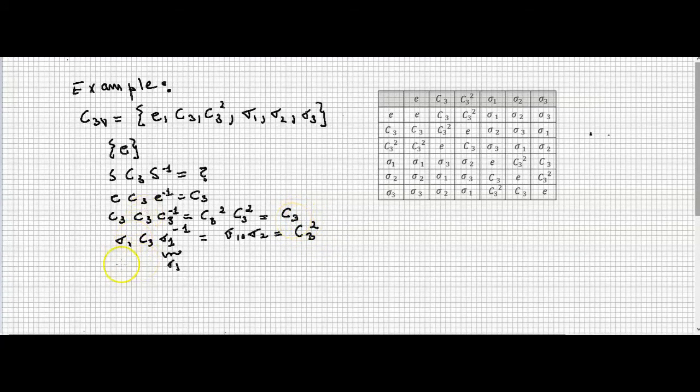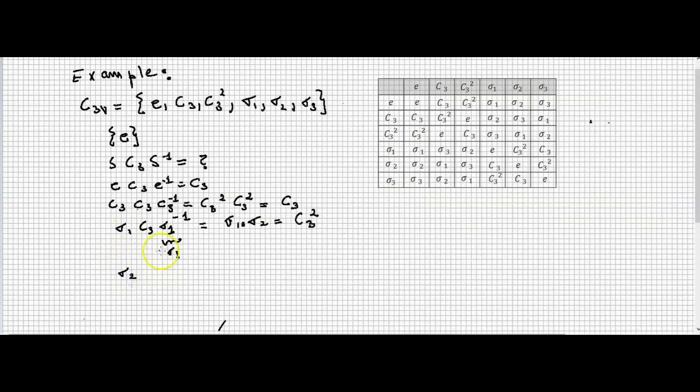Now if I repeat the same process here, sigma 2, C3, sigma 2 minus 1. Sigma 2 minus 1 is sigma 2. So C3 multiplied by sigma 2 is equal to sigma 3, so this is equal to sigma 2 multiplied by sigma 3. Sigma 2 multiplied by sigma 3 is equal to C3 squared. Same thing.